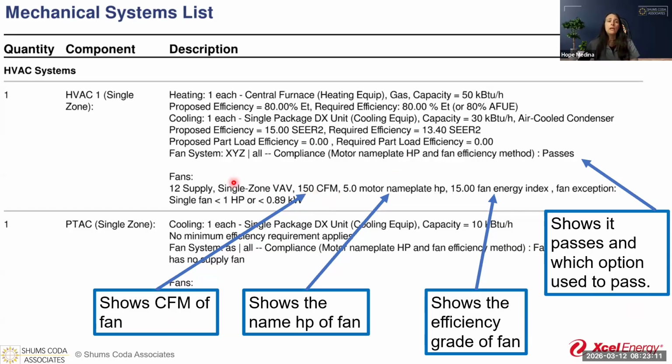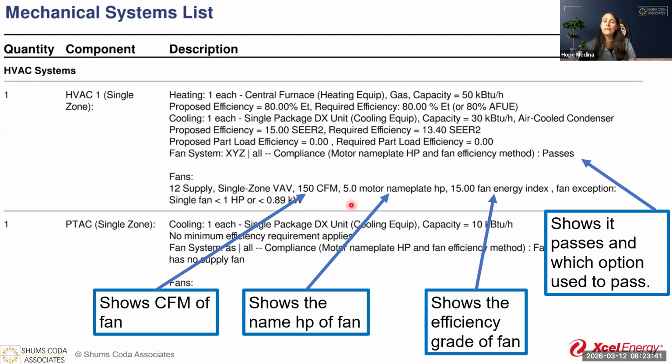In this system, it's called 12 supply. It's a single zone, and it has a VAV, which is a variable air volume system. So that triggers something a little bit different, but it's okay. In Clovis, we'll get into what that VAV represents for us. But then it tells us that this system is 150 CFM.